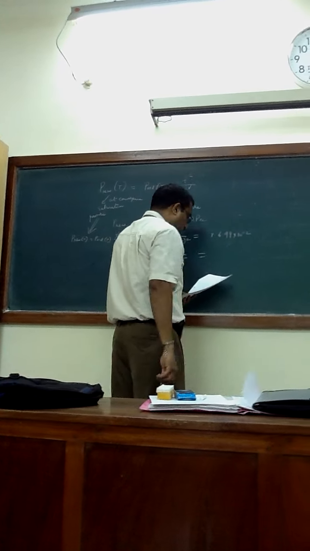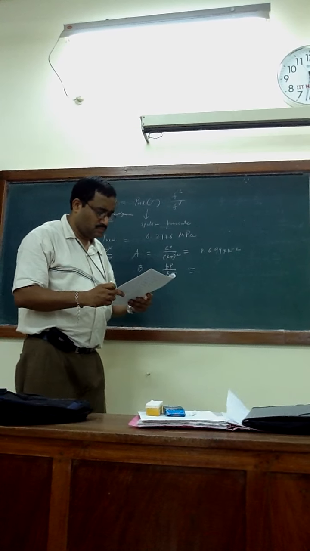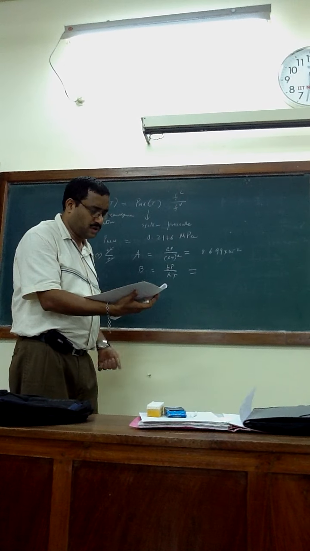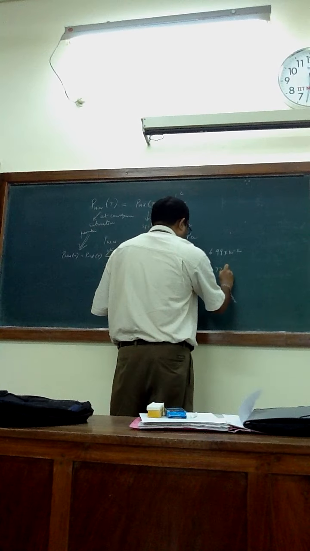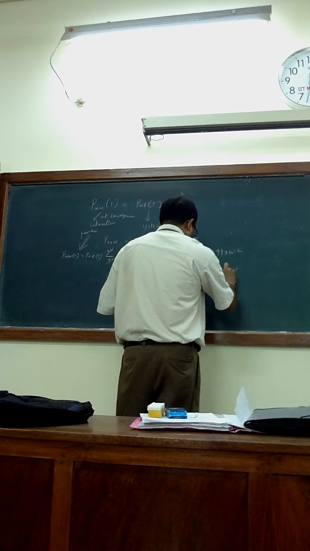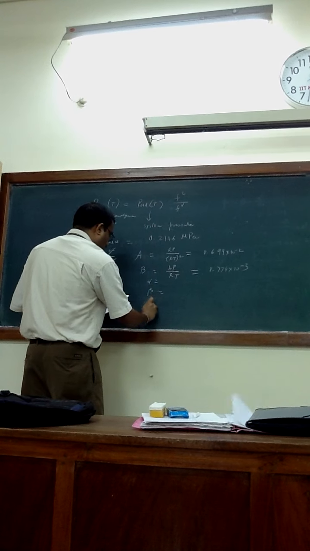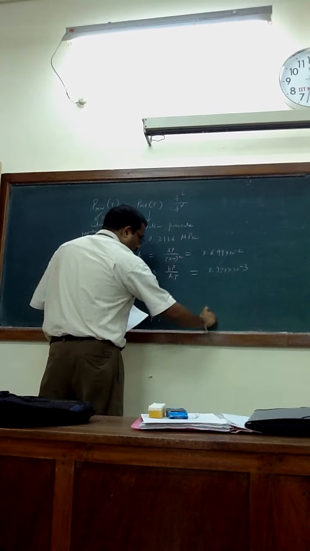Capital B is 8.77 times 10 to the power minus 3. Then you calculate alpha, beta, gamma, and then P, Q, and all sorts of things.